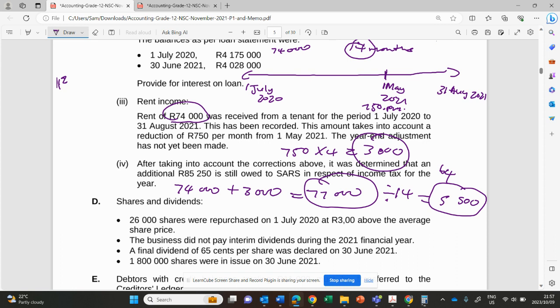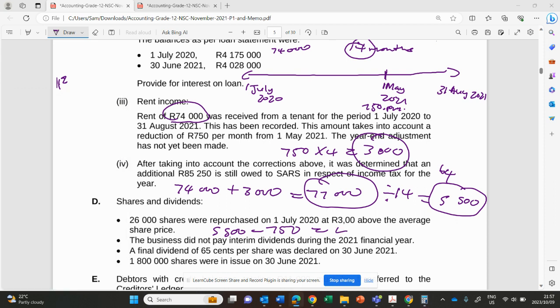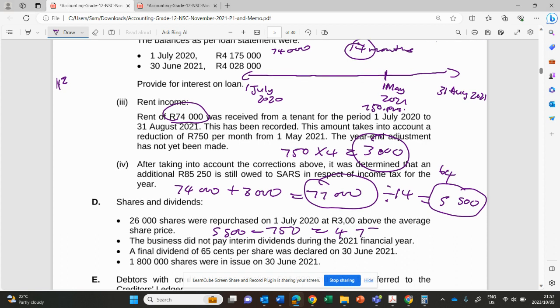So we need to reduce this with the 750. Now you're going to say 5,500 minus 750, and you get 4,750.